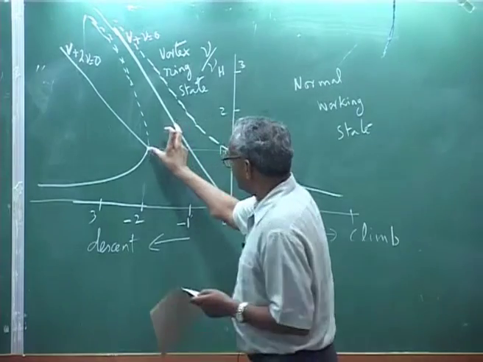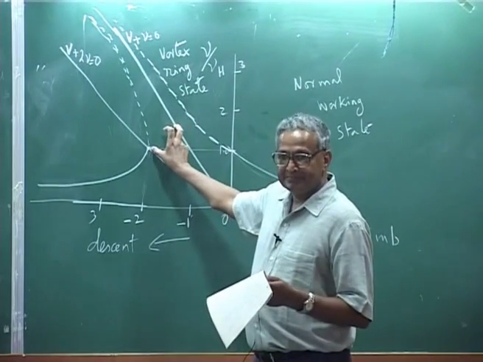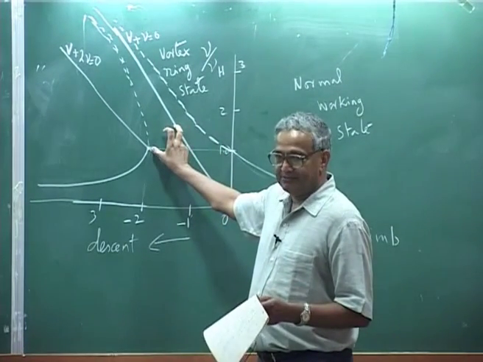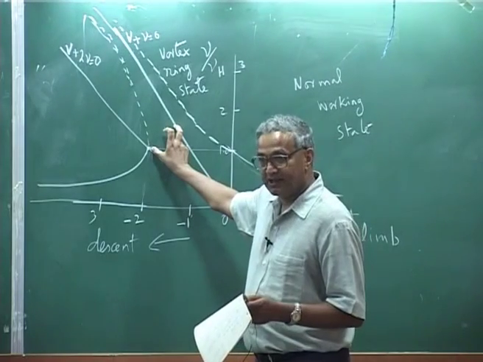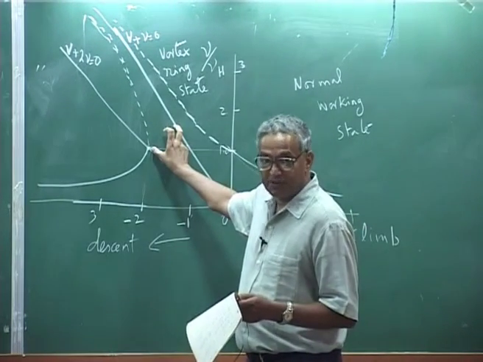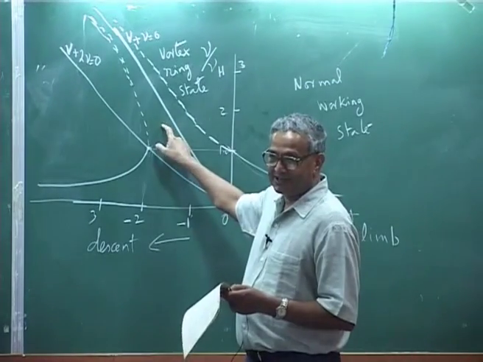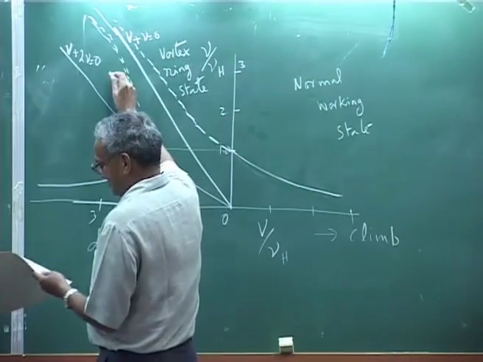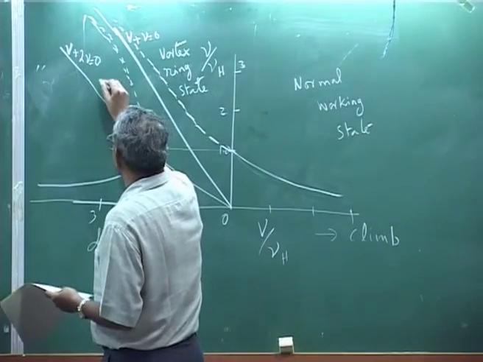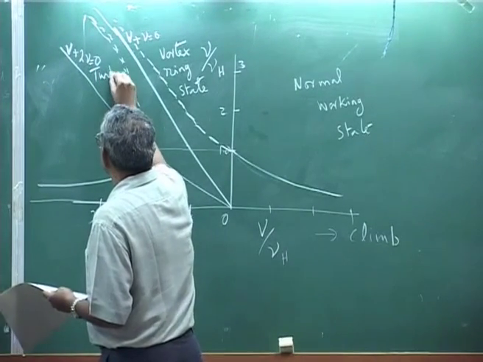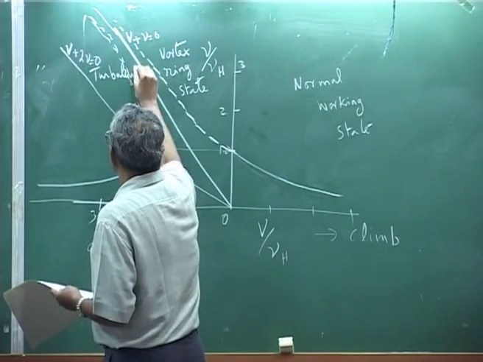In this zone, V is negative, V plus nu is negative, but V plus 2 nu is positive here. So, this becomes your turbulent wake state.